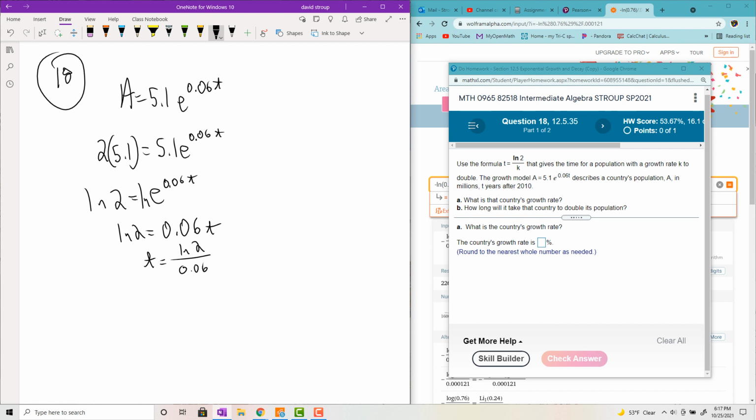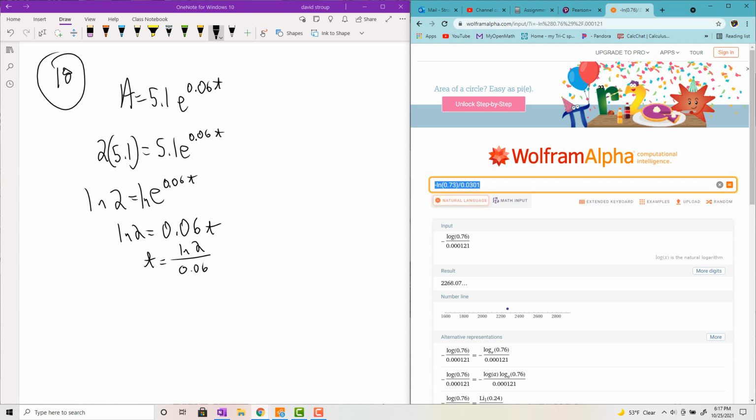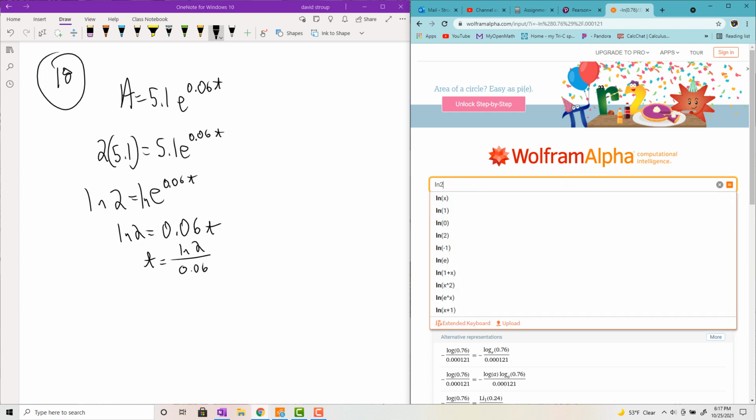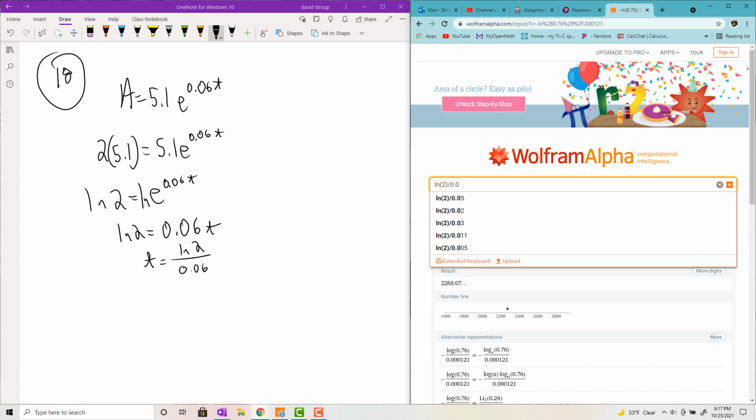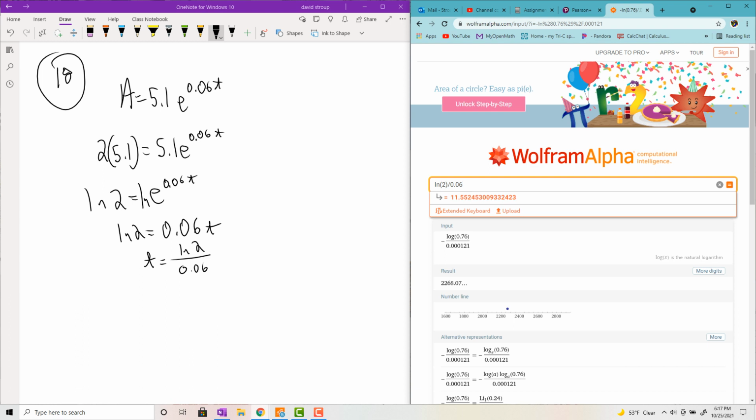Then that's also the growth rate of the country, and then you have to convert it to a percent. So ln of 2 divided by 0.06. I don't know how many decimals they wanted. 11.55.